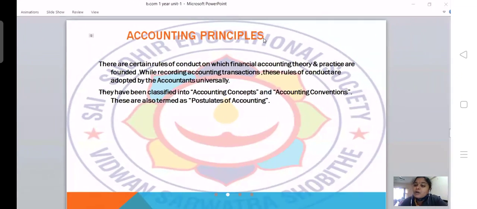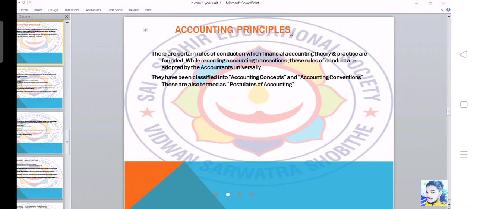So what are accounting principles? For preparing your financial accounting, there are certain rules or conditions which must be accepted. While recording your transactions, these rules or conditions should be adopted, must be mandatory, and should be followed by an accountant. Why do we say an accountant?